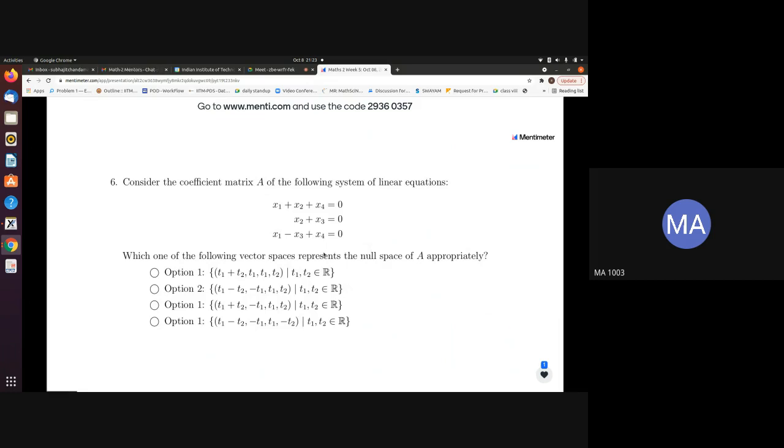First write down the coefficient matrix, then do the row operations and try to find the null space of it. Please let me know once you are done.